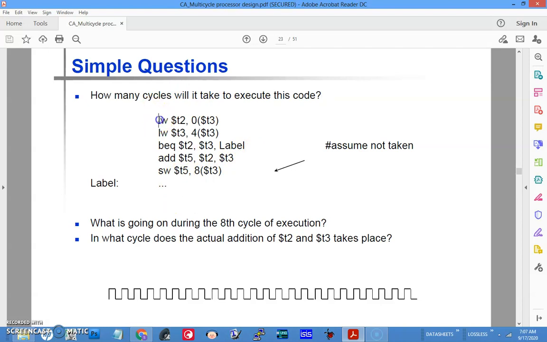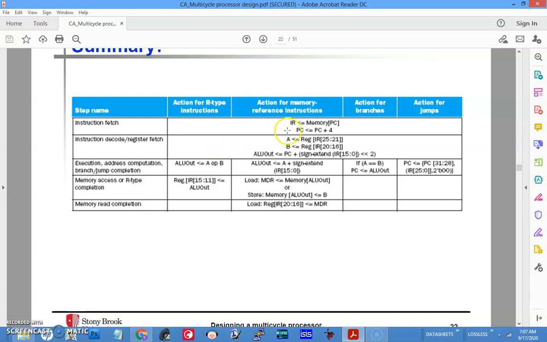So load word, how many clock cycles will be taken? To answer that, you must go back to this table and look at the load word instruction. You will find that load word takes 1, 2, 3, 4, 5, 5 clock cycles. If it was branches, it will be taking only 1, 2 and 3. For jump also it will be taking 1, 2 and 3.